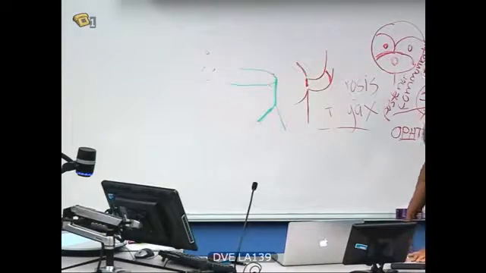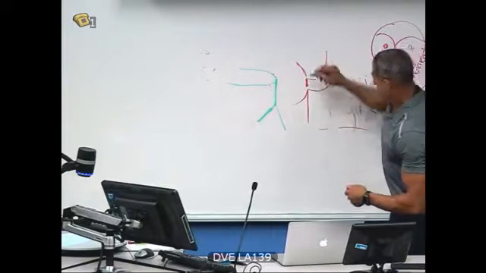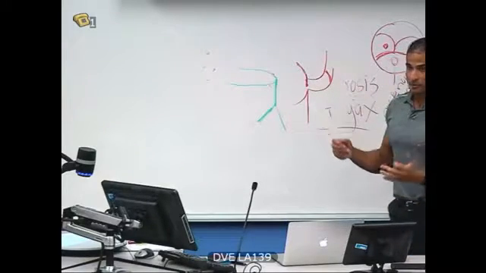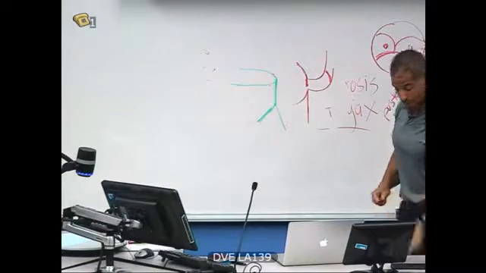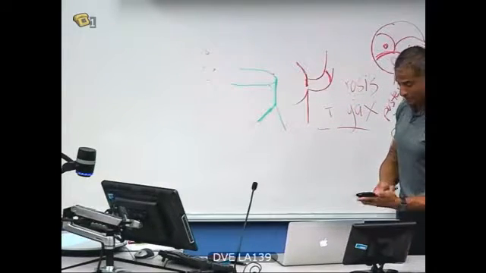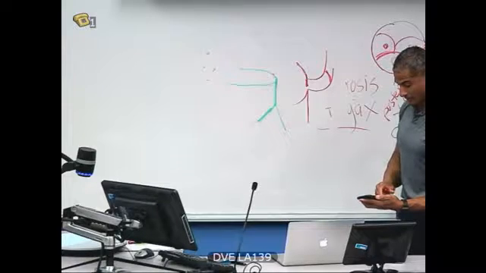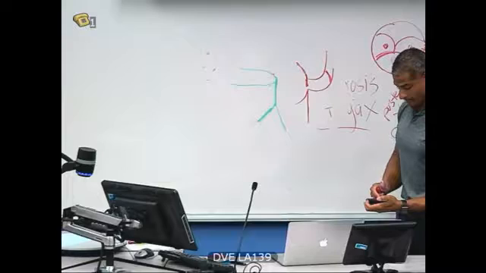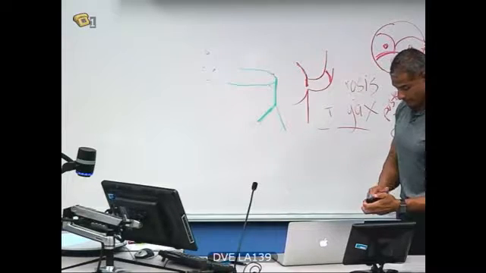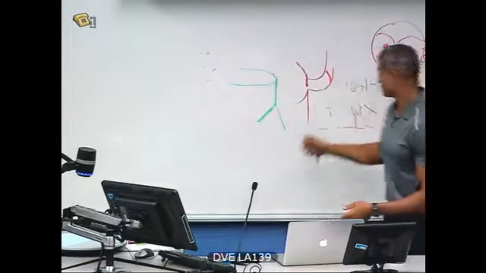That's it. Those people obviously have a more severe stroke because they don't have that collateral circulation. I'm sorry, this should be off. Okay, so that's the circle of Willis.